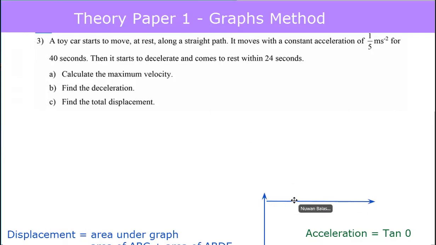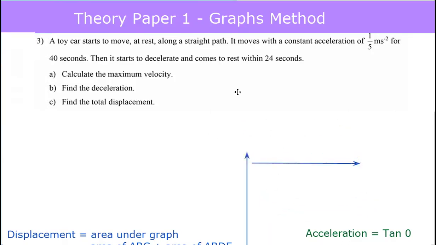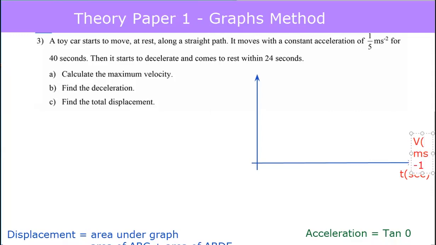So therefore, when we draw the graph, we need a bigger time axis, because there are two different time durations, right? The time is t measured in seconds, and the velocity is v measured in meters per second.